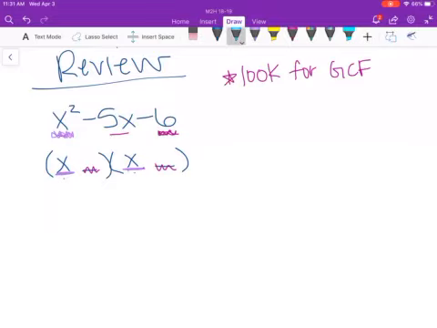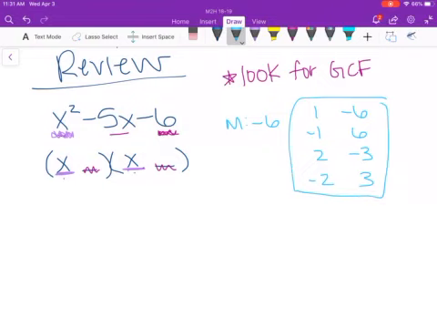So you can list out different options that multiply to be negative 6. You can say 1 and negative 6, or negative 1 and 6, or 2 and negative 3, or negative 2 and positive 3. What you want to do is fill in the second blanks with one of those options.